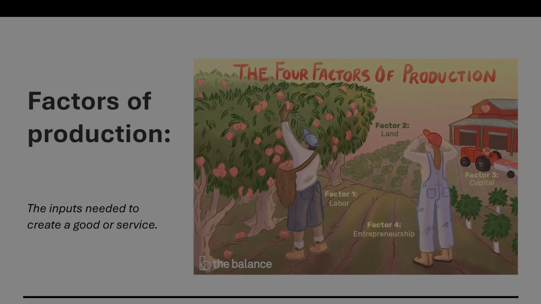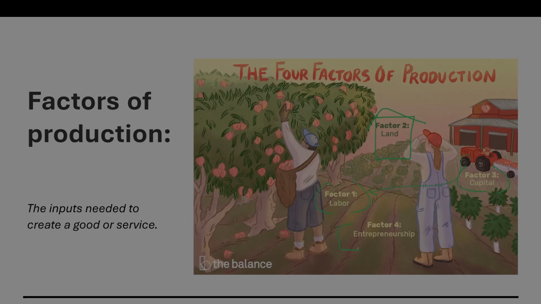So, basically, the things you need to get started in a business, to start producing a good or service. So, the four things you need to get started in a business producing goods or services is you need land, you need somewhere to set up your business and to start operating. Third, you need some capital to get going, to acquire the land and the labor.